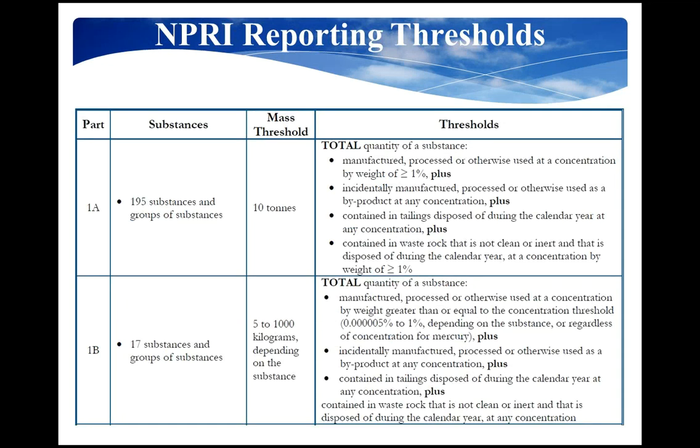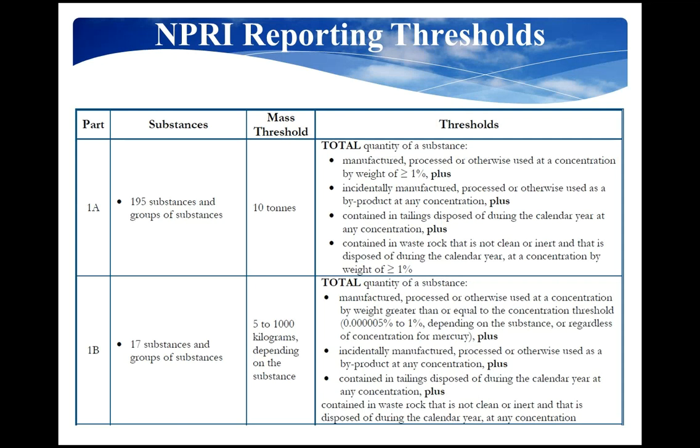So now I want to talk a bit about the reporting thresholds, which vary depending on the part to which a chemical belongs. So Part 1A substances have a mass threshold of 10 tons, so that means you have to use the chemical in an amount of 10 tons, or you have to manufacture or process it in an amount of 10 tons. But the other thing to keep in mind is that there's also a concentration threshold.